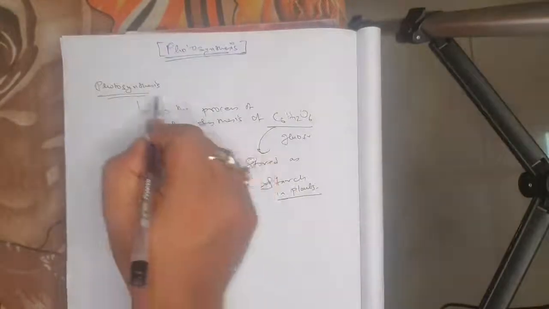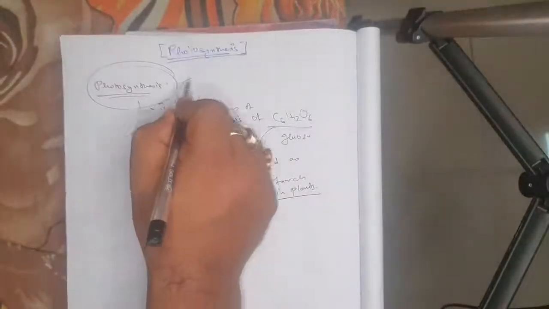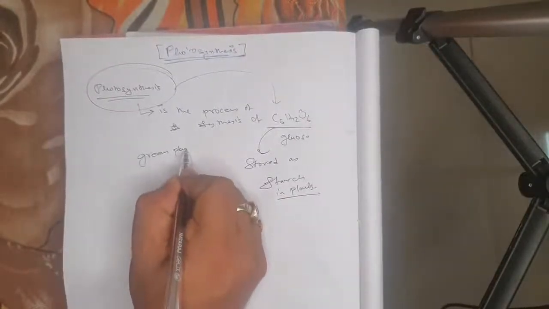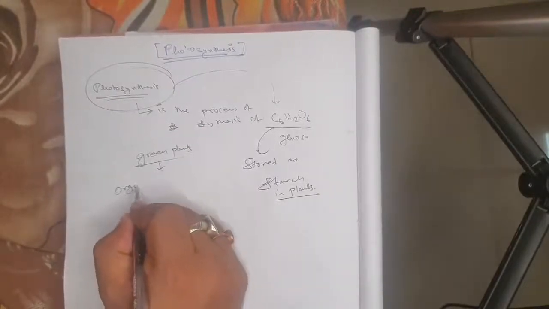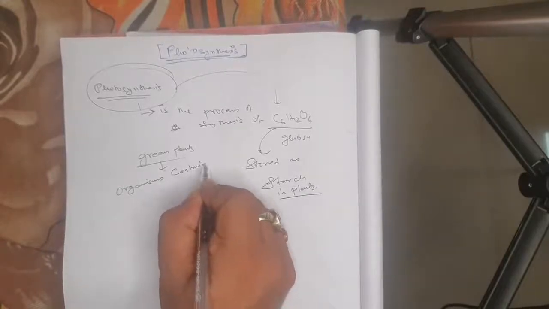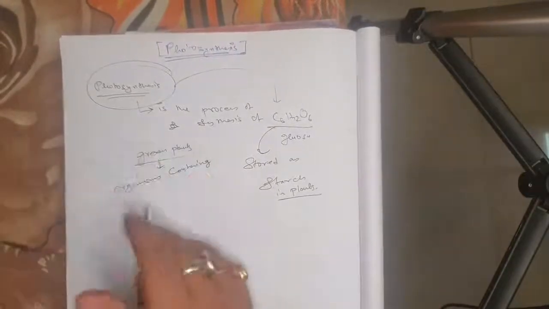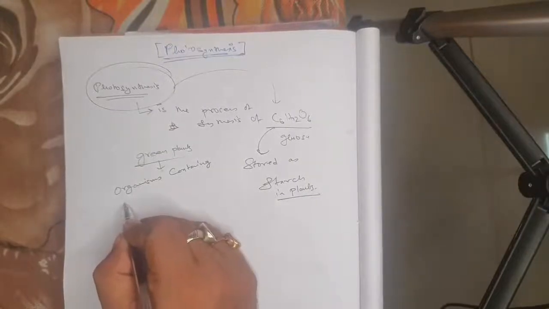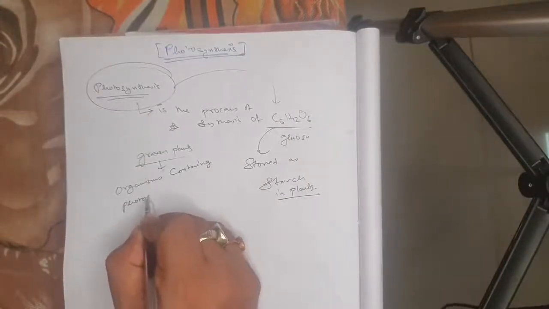Now photosynthesis is the process by which green plants, or organisms, better to say in class 11 level, organisms containing photosynthetic pigments.